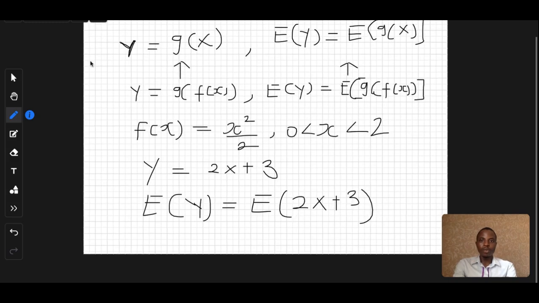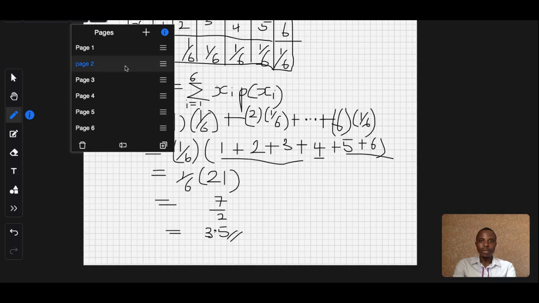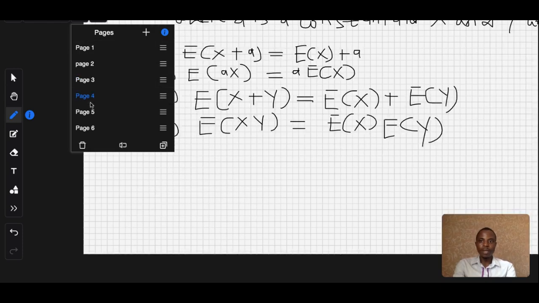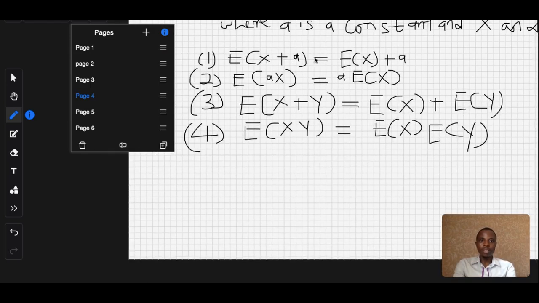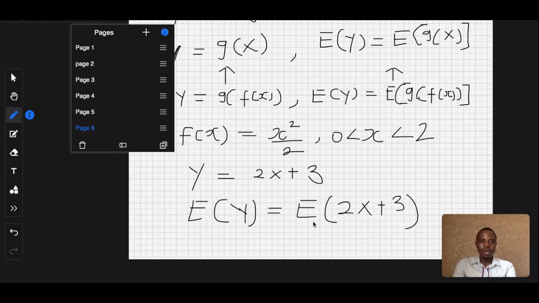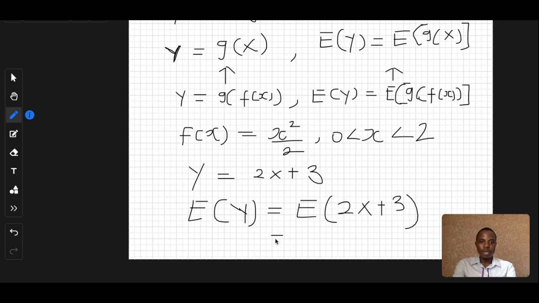Now, it will be safe to return to our rules about mathematical expectation, the properties we had there. Property 1 talks about the expected value of x plus a equals the expected value of x plus a itself.